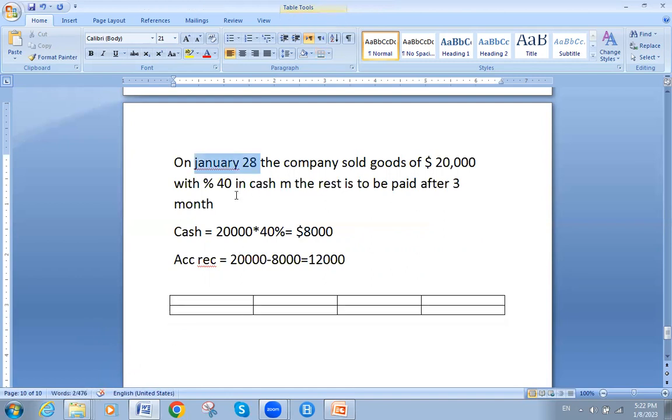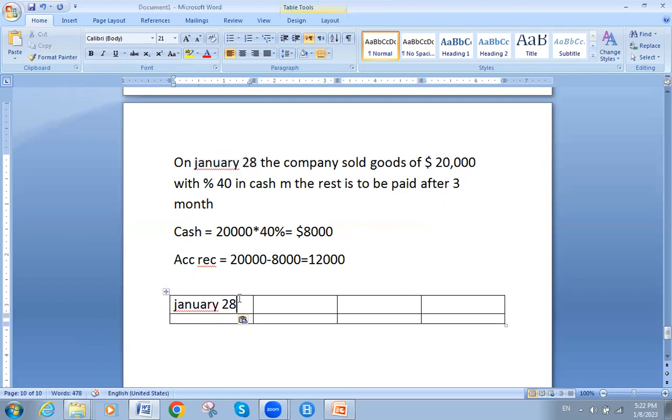No problem. Control C, then here, Control V. Then we will say, actually, this time we have two parts of the transaction. It's not only from cash to sales. No, it's from cash and account receivables into sales. So a cash with the amount of $8,000.